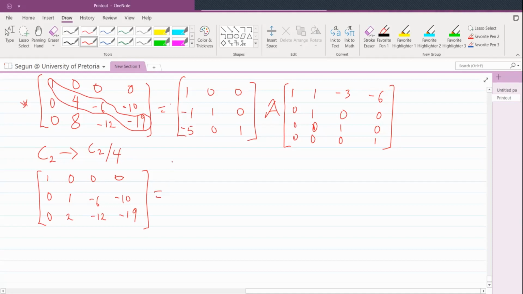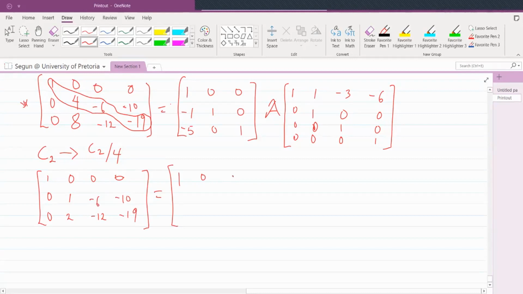Which is equal to 1, 0, 0, minus 1, 1, 0, minus 5, 0, 1. Then A is here. So this one too, 1, 0, 0, 0.